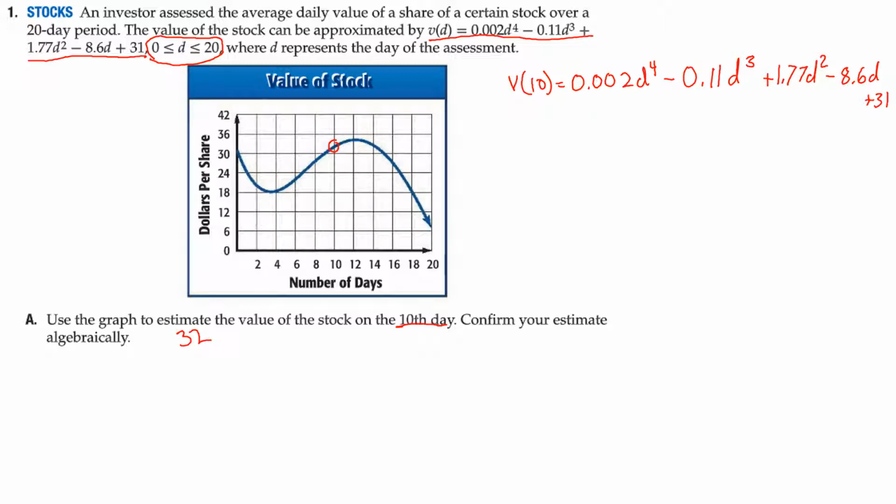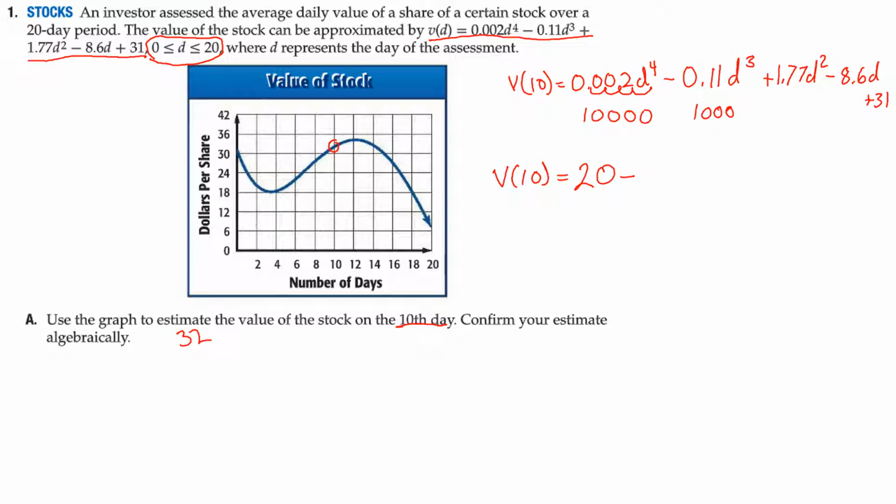Well, as I'm doing this, I'm going to multiply. So 10 to the 4, this is 1 with 4 zeros behind it. And so when I plug this in, it's going to move this decimal point over 4 places. So V of 10 will equal, I'll move this over 1, 2, 3, 4 places, and I'm going to get 20 minus. This will move the decimal 3 places because this is 1,000, 1 with 3 zeros.